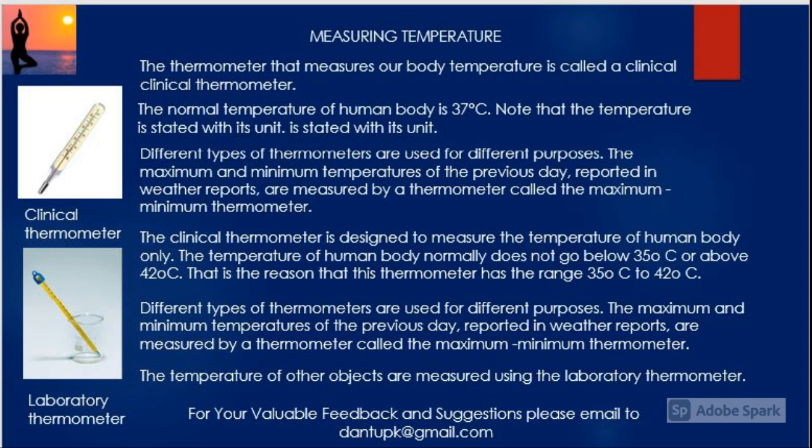A reliable measure of hotness of an object is its temperature. Temperature is measured by a device called thermometer. Different types of thermometers are used for different purposes.